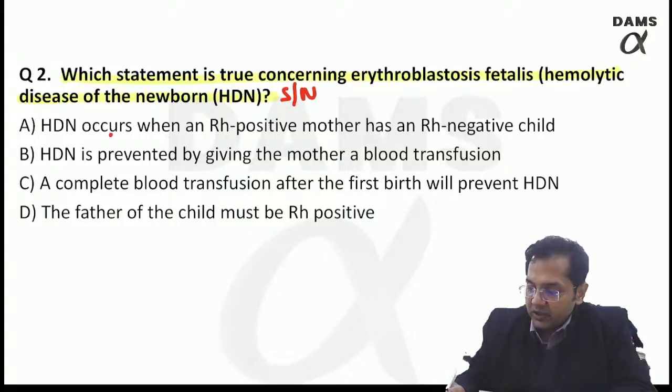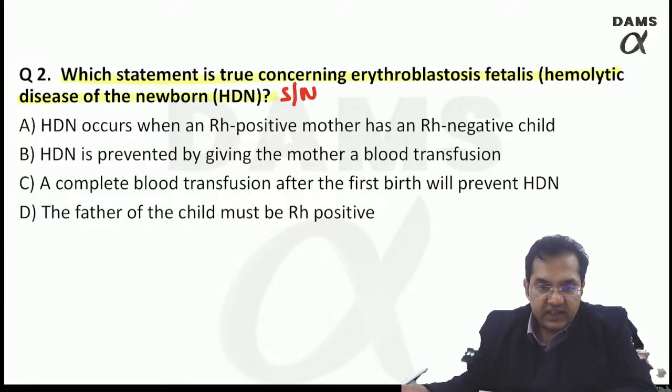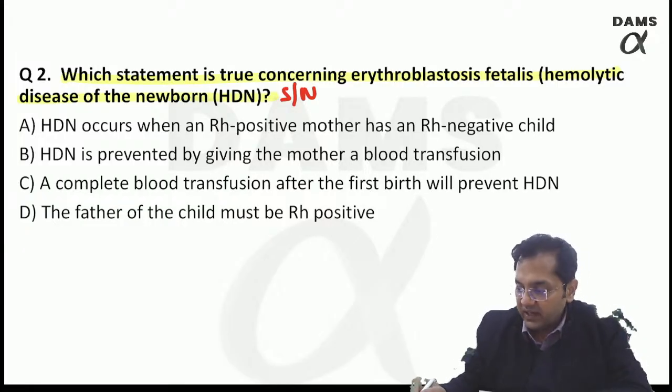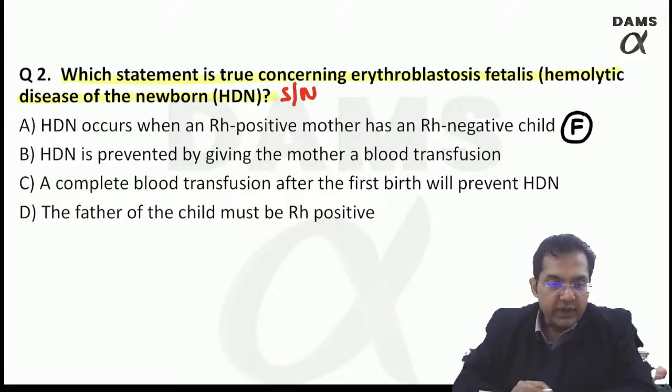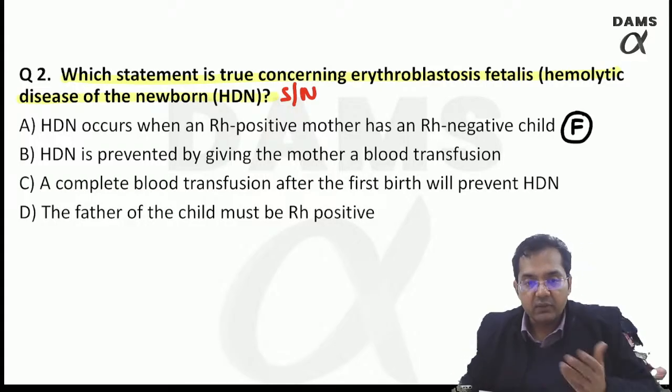First of all, is the first statement true or false? Think about it. Rh positive mother has an Rh negative child? No, it is vice versa. It is when the Rh negative mother has an Rh positive child, right? So this is false. Hemolytic disease of the newborn is prevented by giving the mother a blood transfusion? No, I will not give her a blood transfusion.